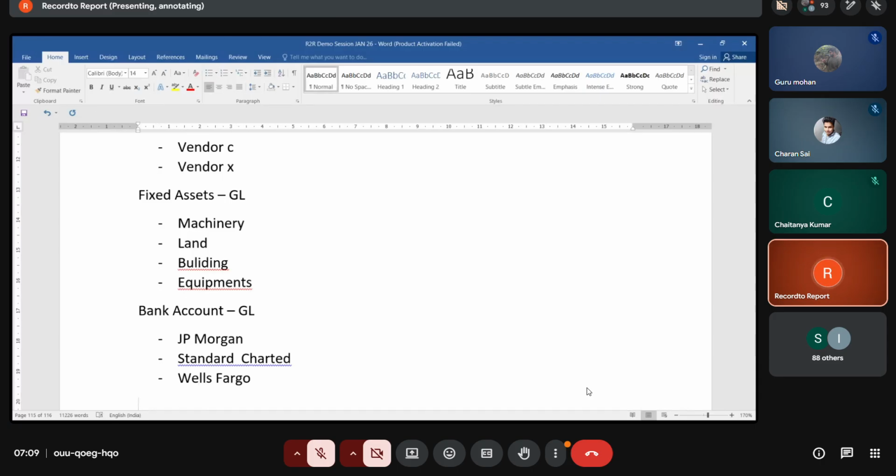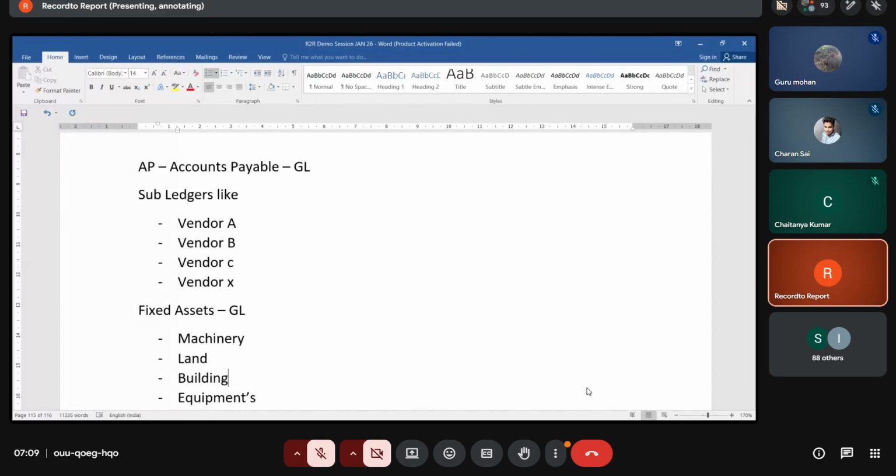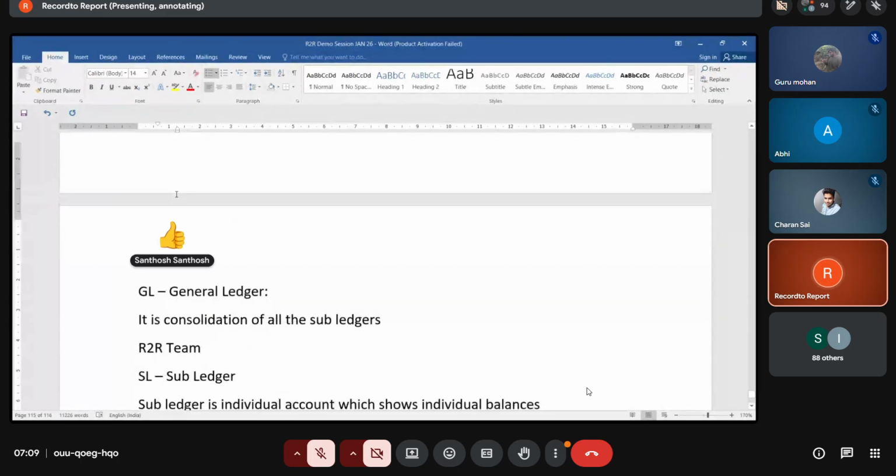If you want to check the total closing balance, you check the bank account. If you want to see the individual balances, what is there in JP Morgan, Standard Chartered, Wells Fargo, we need to look into the subledger accounts. Guys, do you understand the differences between subledger and general ledger? Yes, bro. General and subledger. Okay.